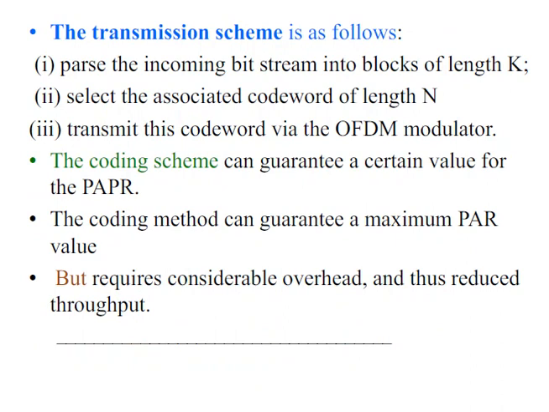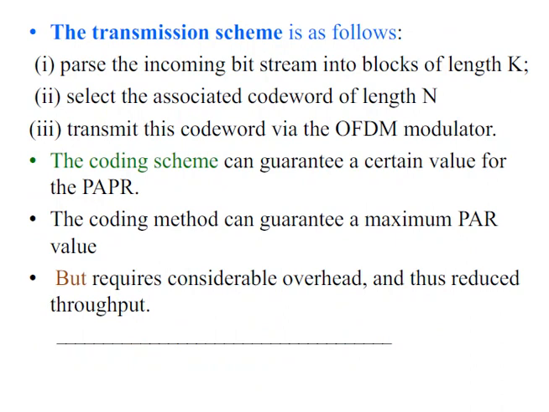The transmission scheme is as follows. Split the incoming bit stream into blocks of length K. Select the associated code word of length N. Transmit this code word via the OFDM modulator.